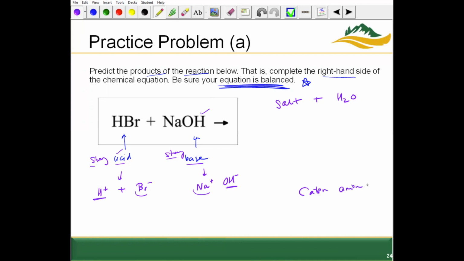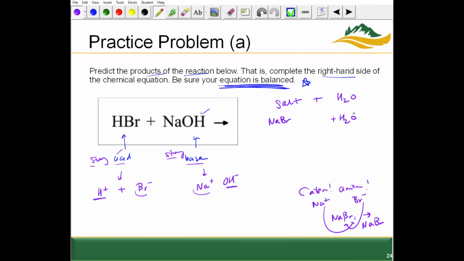Always, always, then the anion. So the cation here is Na+. The anion here is Br-. Doing the cross method of sorts, we have Na1 and Br1. That simplifies to just NaBr. So NaBr here, and with water.